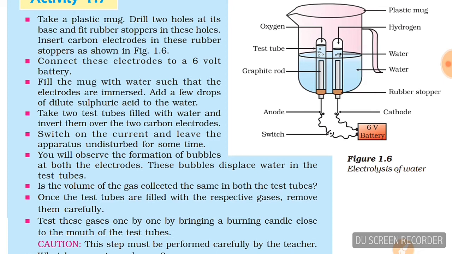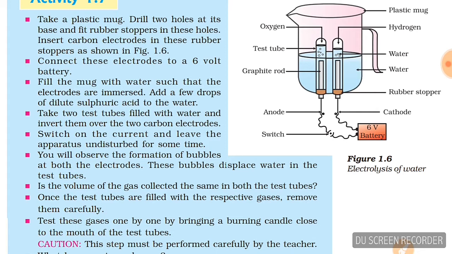ऐसा इसलिए होता है, जो हमारा वाटर है H2O, उसका फॉर्मूला क्या है? H2O, मतलब कि हाइड्रोजन एटम इज हाउ मच? In one molecule of water, 2 hydrogen, H2O, 2 hydrogen are there and 1 oxygen is there.